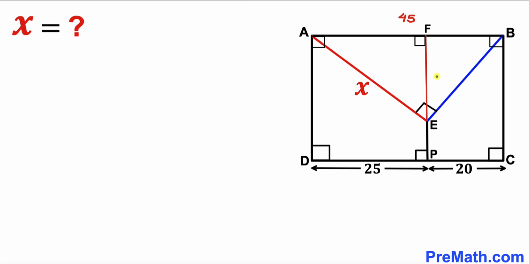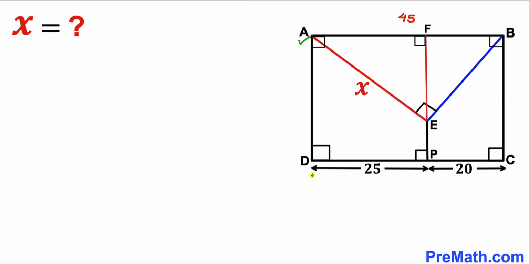Here's our next step. I have dropped this perpendicular EF on this line AB, as you can see. Since these angles are 90 degrees, these lines are parallel, and this line is parallel as well.